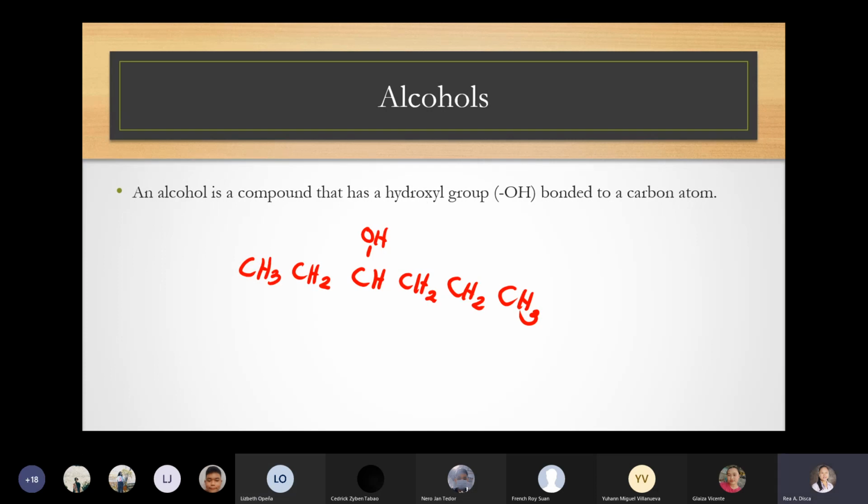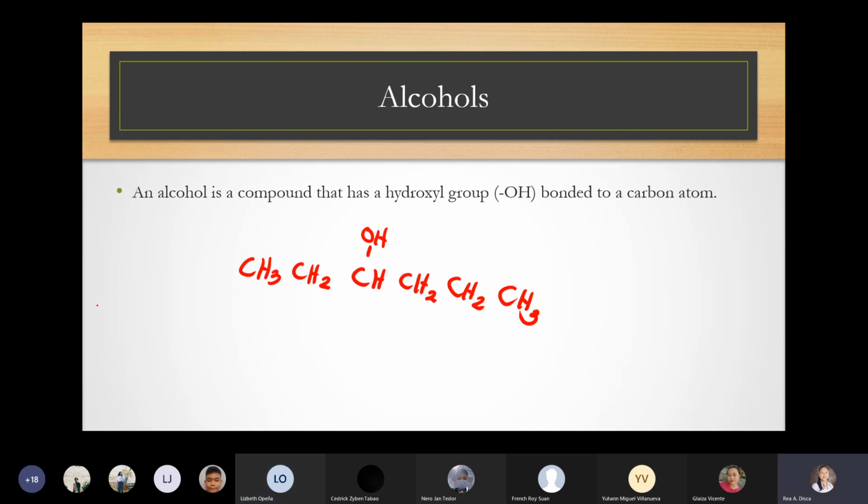Okay. Sige. My question for here, how many carbons did you see in this compound? 6, ma'am. Okay, we have 6 carbon. If it is a simple hydrocarbon, what would be the name of this? Hexane, ma'am.